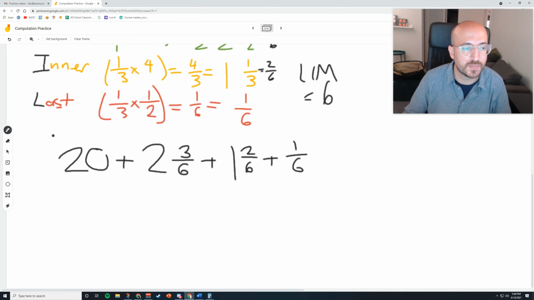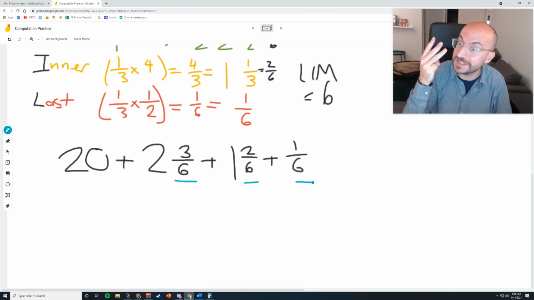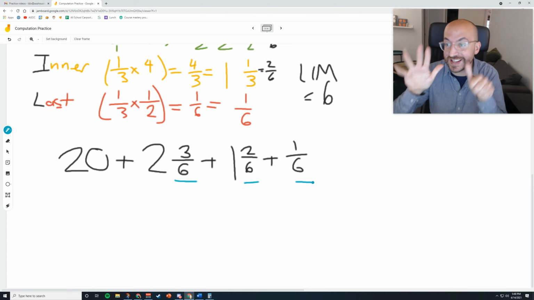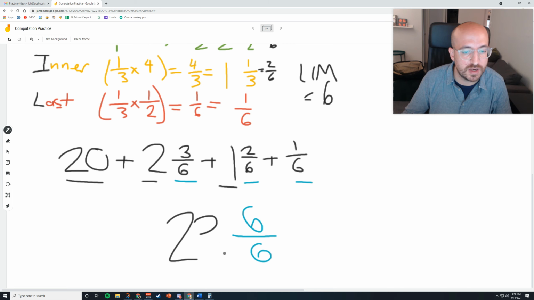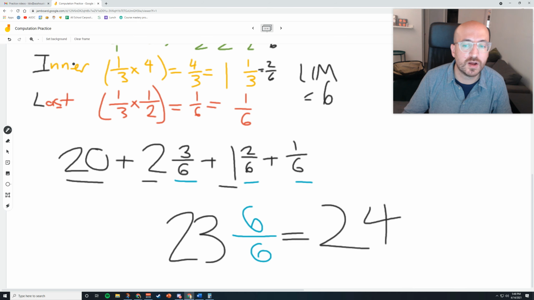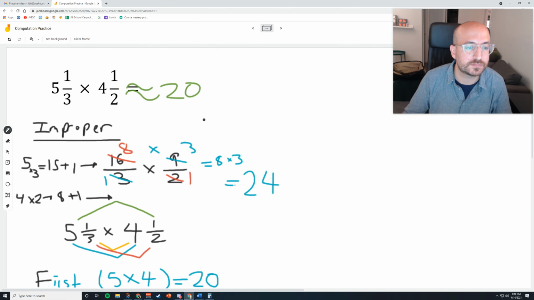Wow, this is cool. Let's add the fractions. 3/6 plus 2/6 plus 1/6 is 6/6. 20 plus 2 plus 1 is 23, and 6/6, or 24. Wow, how satisfying.